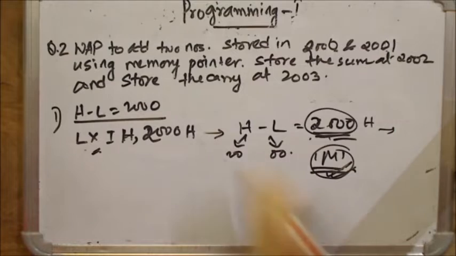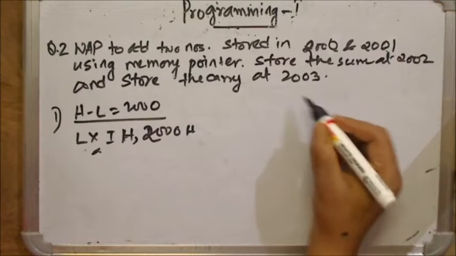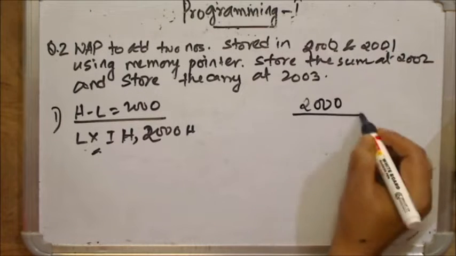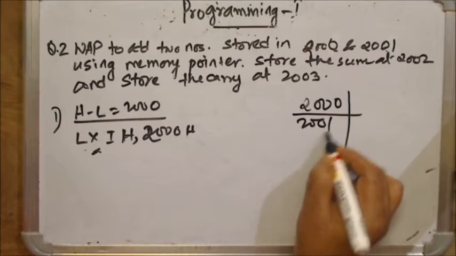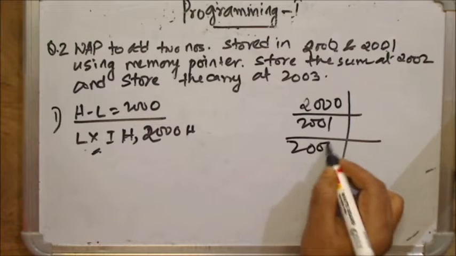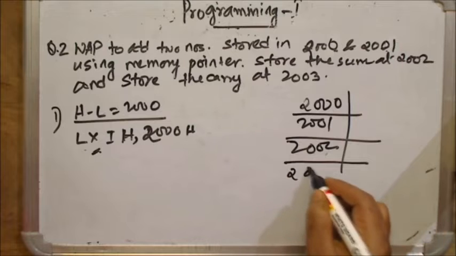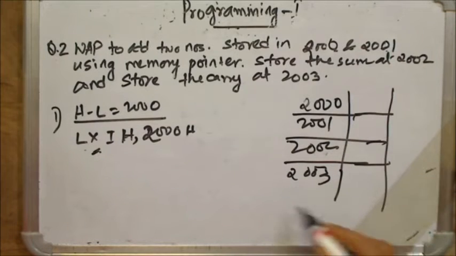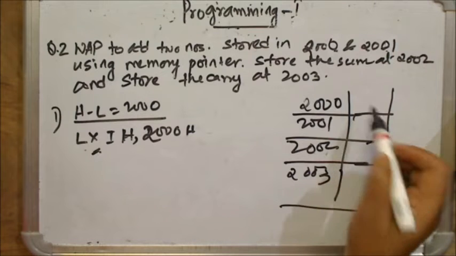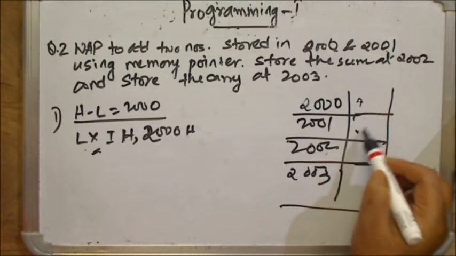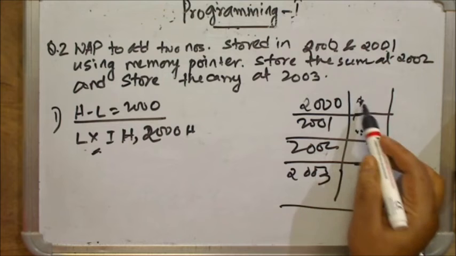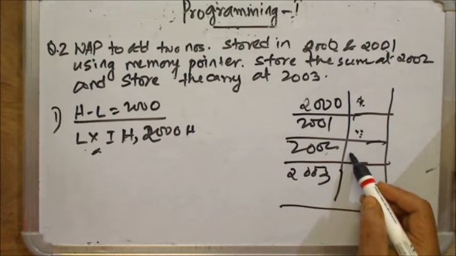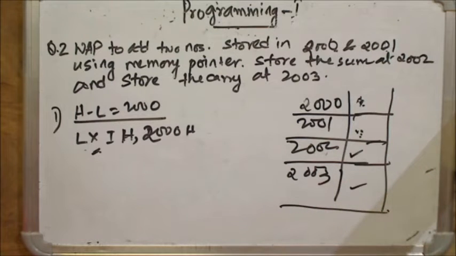Suppose this is our memory locations 2000, 2001, 2002 and 2003. So what is the program? You have to add the data of locations 2000 and 2001 and store the sum and carry at 2002 and 2003.